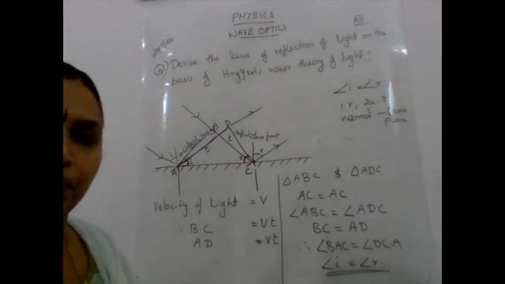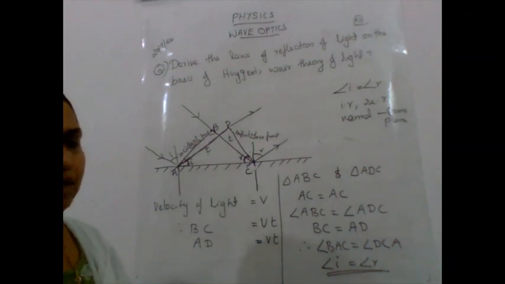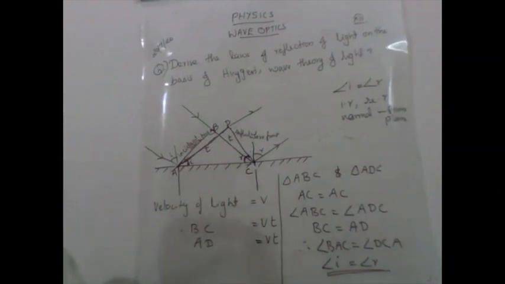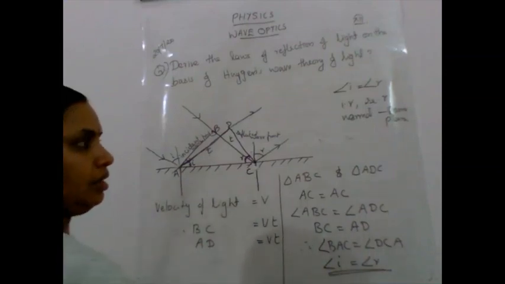Okay, so here draw the diagram, label everything and write this. Okay, so this is the condition. And what is the last step?